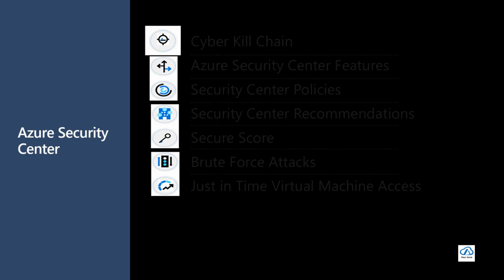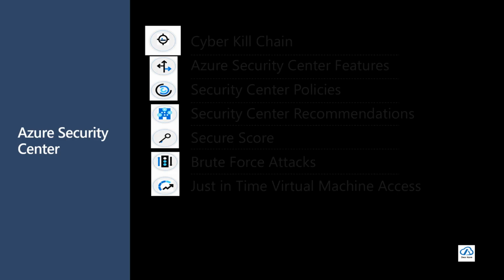Azure Security Center. So Azure Security Center has an important function to kill the cyber kill chain. Okay. So the cyber kill chain has in general 8 steps. And I talked about two specifically when I showed you the little presentation on a pass-the-hash attack, which were escalation and lateral movement.